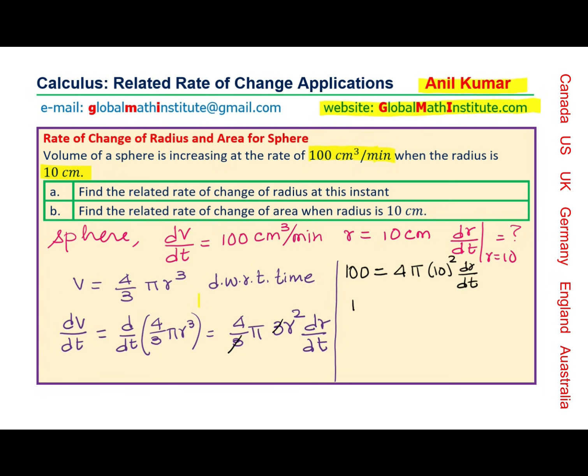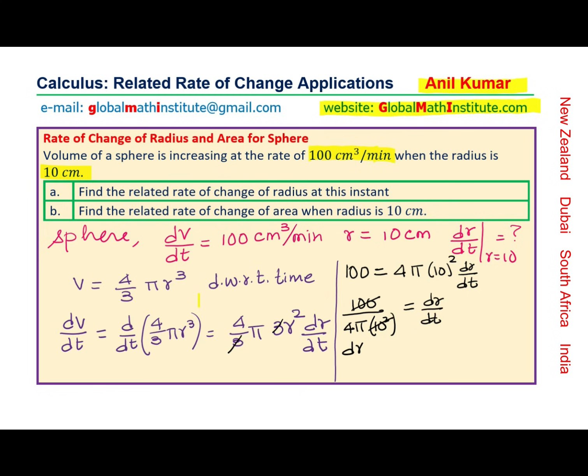So that gives you 100 divided by 4 pi times 10 square, which is also 100, is dr/dt, rate of change of radius with time. So 100 cancel. So we get dr/dt as equal to 1 over 4 pi, right? So this form is good enough. Units will be centimeters per minute.